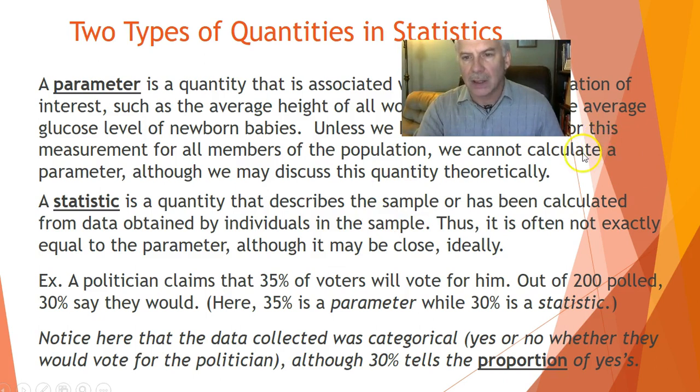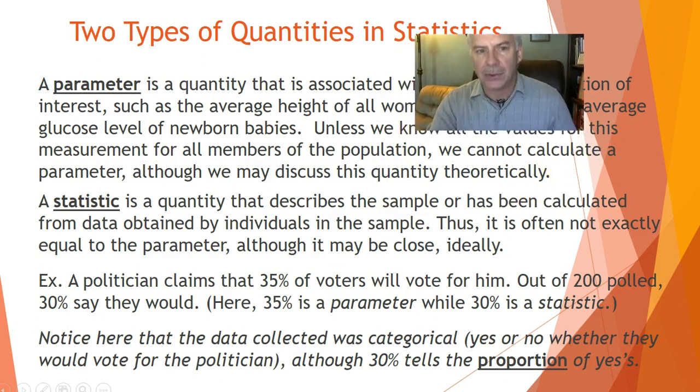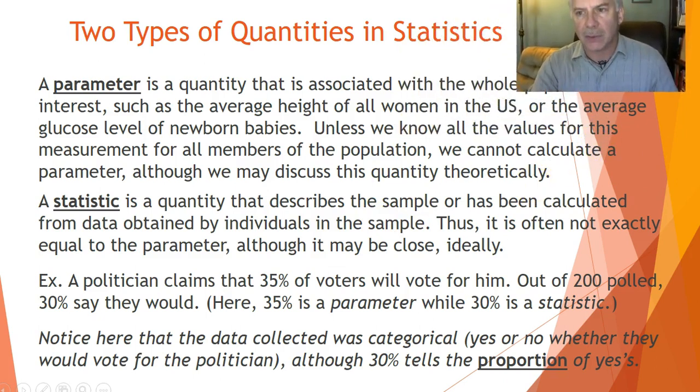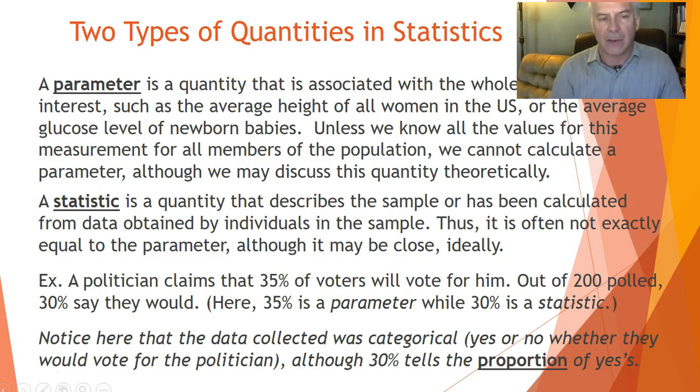Now in addition to what we already talked about, we talked about qualitative or nominal data. We talked about quantitative data in the form of ordinal or interval or ratio data. There also is, when you start doing calculations, two terms, a parameter and a statistic.